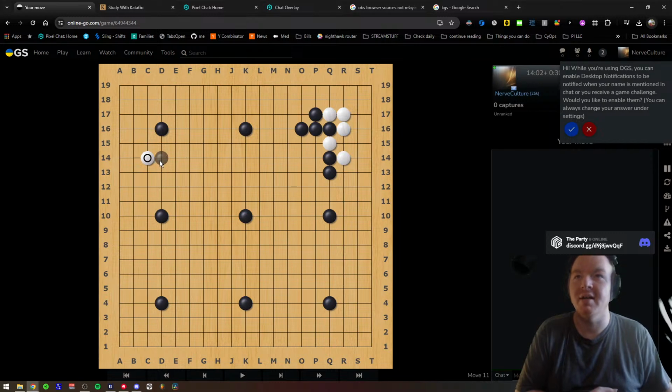So I'm tempted to make a contact play here. Is that a bad idea? Why do I think it's a bad idea? I think if I go contact play, you're gonna go D15, and then you're gonna take the corner.